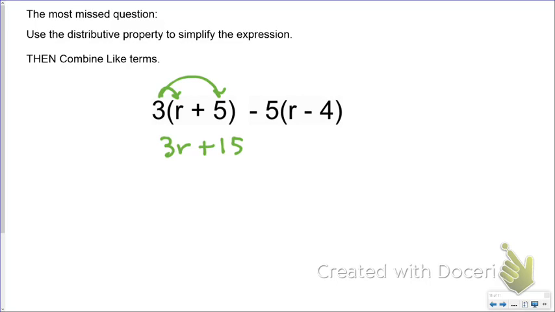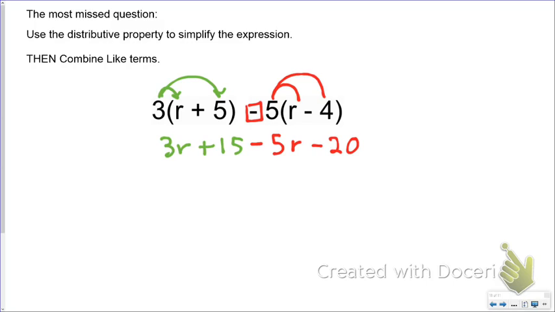Now, this is where kids miss. They will ignore this subtraction sign. They will multiply the 5 as a positive into this, and then they'll maybe bring down the negative here and put 5r, and then they'll maybe put like negative 20 here. However, this is where they're wrong.